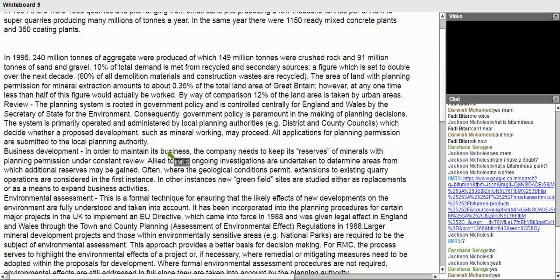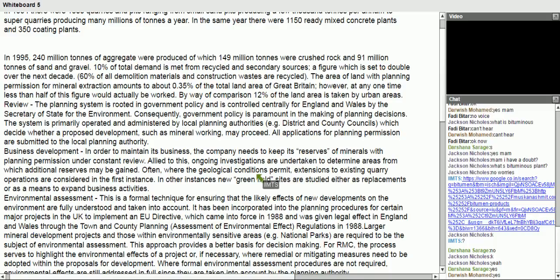Business development. In order to maintain its business, the company needs to keep its reserves of mineral with planning permission under constant review. Okay, so if they have to extract something, they take permission from the government, and only then do they do it. Without permission, they don't do anything. Allied to this, ongoing investigations are undertaken to determine areas from which additional reserves may be gained, often where geological conditions permit.